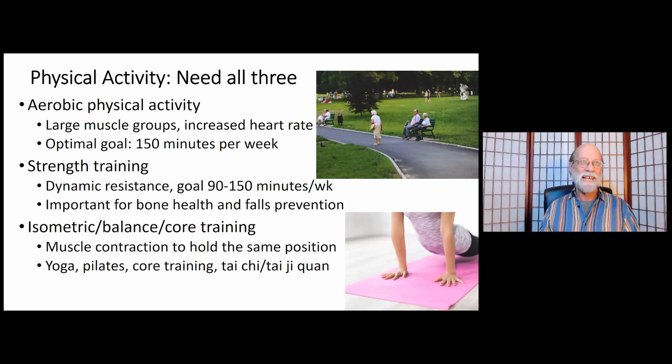And then I would say the same thing about a third general category of isometric balance core training. This is things like yoga or Tai Chi, Pilates, where we're really contracting muscles to hold the same position. And again, aerobic physical activity isn't enough. It really needs to be all three of these types of physical activity.